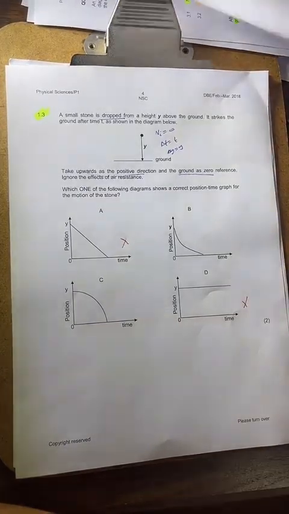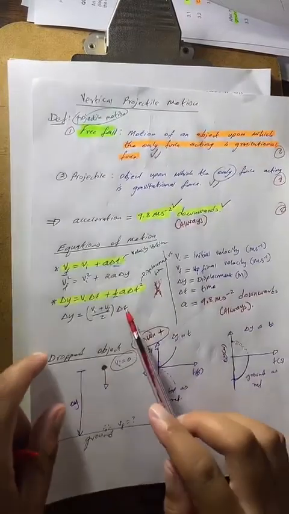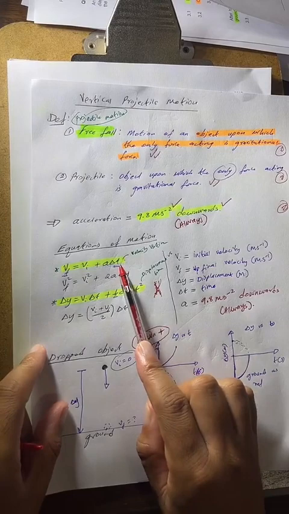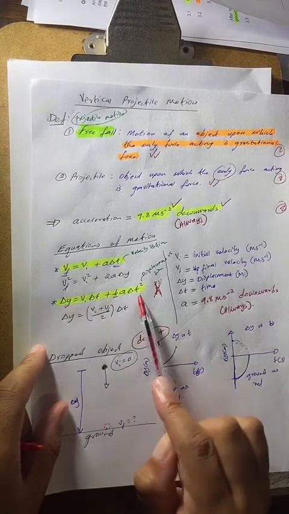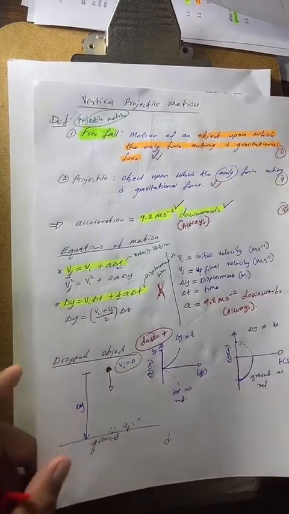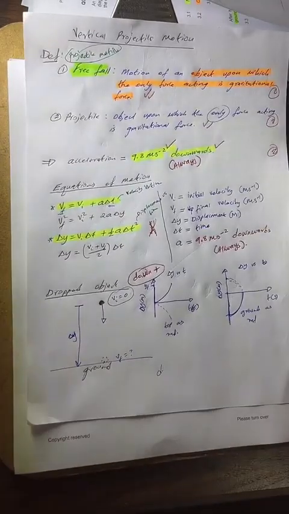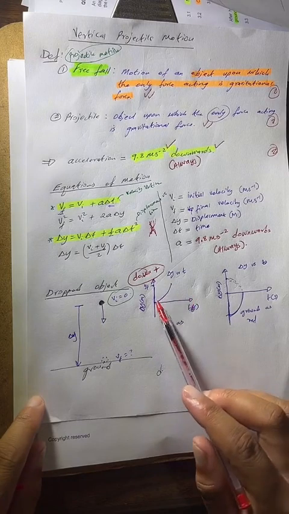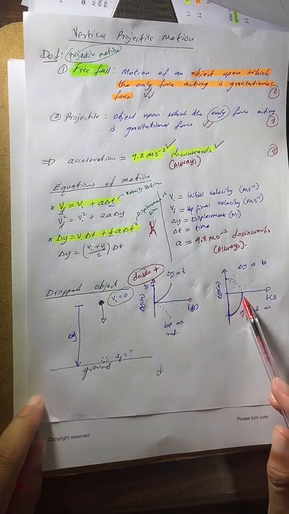Earlier on I said this formula gives us the position-time graph, and this one gives us the velocity-time graph. You're plotting this against time, and the shapes are here for an object that is dropped. If you choose down positive, this is the graph and this is the graph.